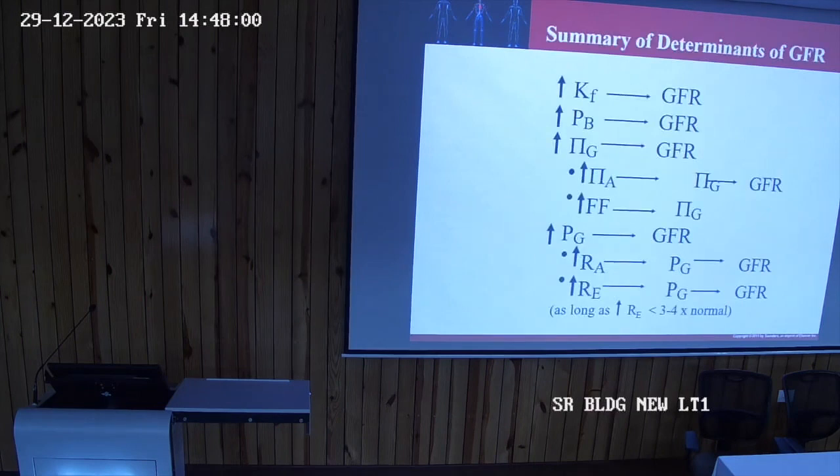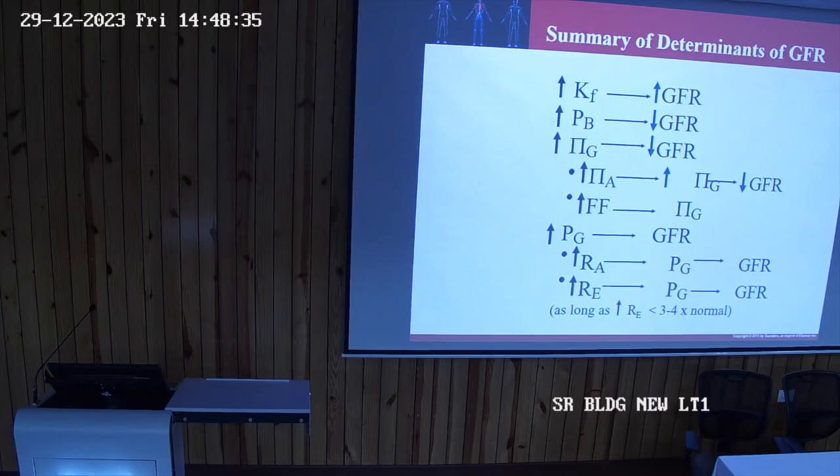Summary of the determinants of glomerular filtration rate. Filtration coefficient increases, then GFR increases. This is hydrostatic pressure of the Bowman's capsule. So there will be decrease in the GFR. Colloidal osmotic pressure in the glomerular capillaries, decrease in the GFR, but उसका explanation होना चाहिए. ठीक है, आपके बुक्स में ऐसा टेबल या पिक्चर दे रखी होगी, but you have to explain.